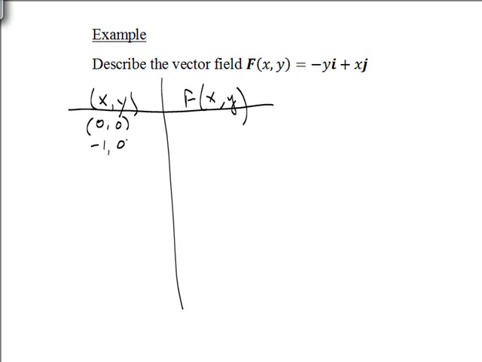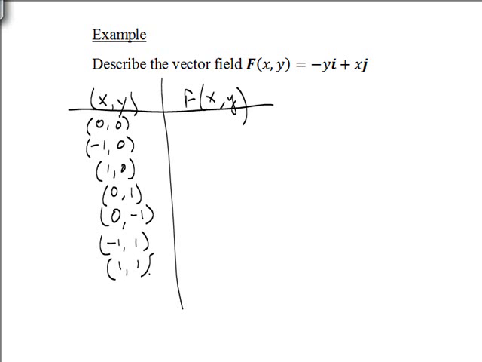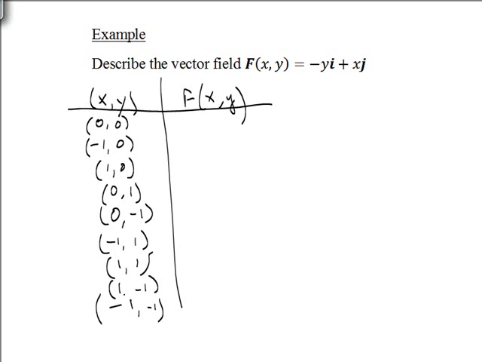I'm going to look at negative 1, 0. 1, 0, 0, 1, 0, negative 1, negative 1, 1, 1, 1, 1, negative 1, and negative 1, negative 1. So for each of these points, you write on the vector. So you find what F of x, y is.